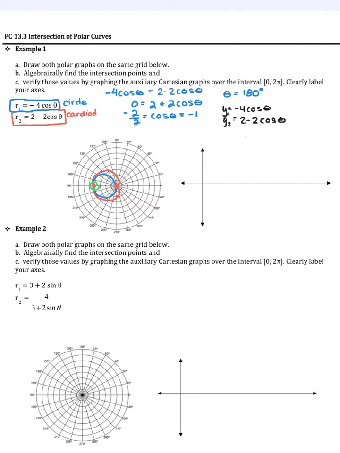So we'll keep the first one in the blue. So that's got an amplitude of 4. So we're going to go up here to 4, down here to 4. It's going to be reflected upside down. It has no vertical shift. It's going to go out to 360.